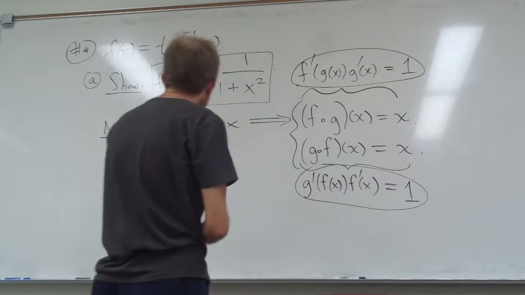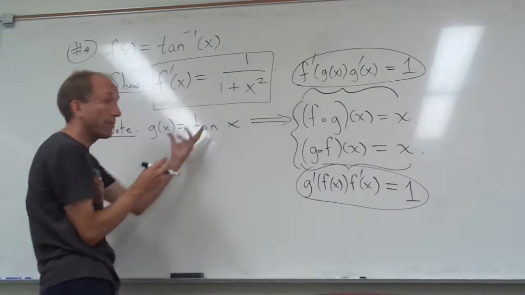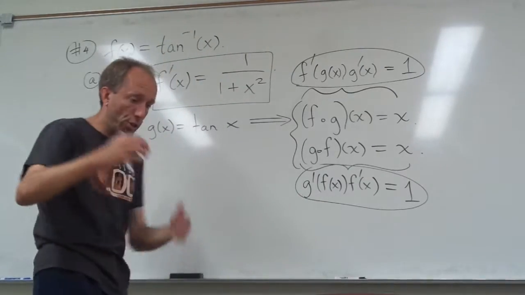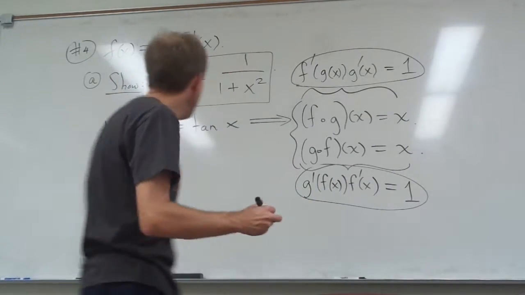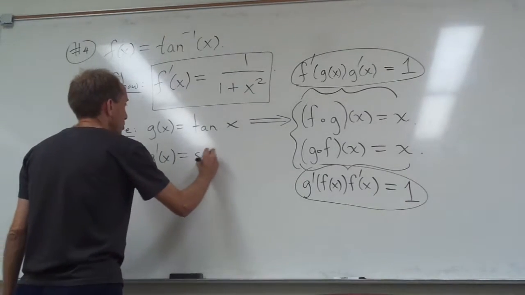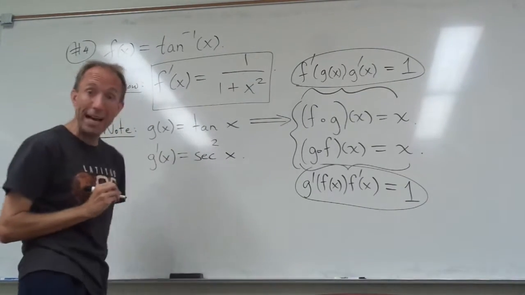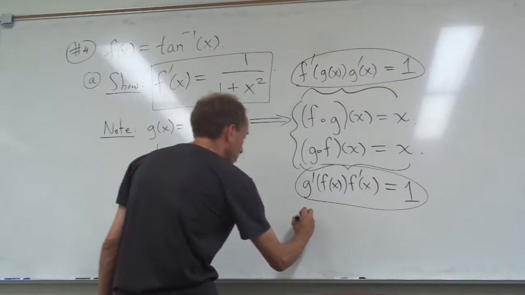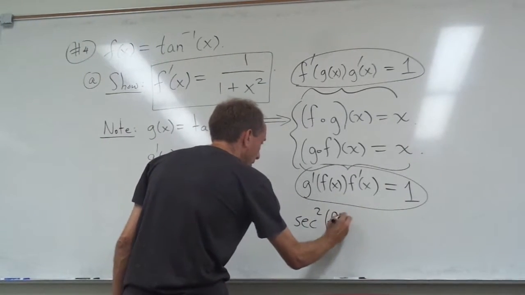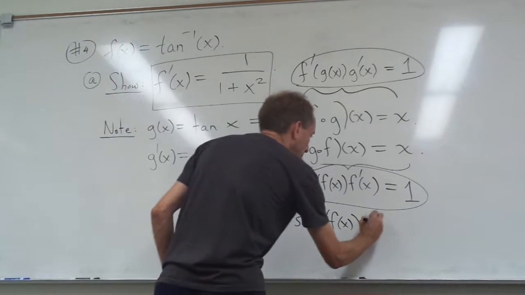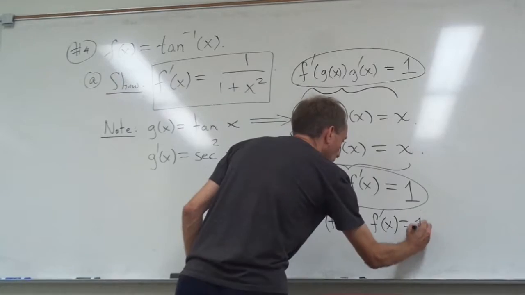We can differentiate g of x using the quotient rule, since tangent of x is just sine over cosine, and we find right away that this is secant squared of x. So when I plug that in, I have secant squared of f of x times f prime of x equals 1.